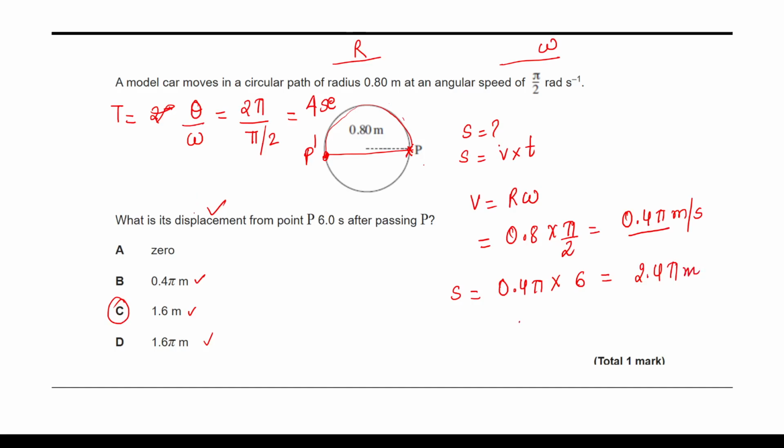But they're asking for displacement, so you need to know where the particle is. For that, I calculated the time it takes to complete the whole circle, which is 4 seconds. In 4 seconds, it comes back to P. Another 2 seconds goes opposite to P. Displacement is the shortest distance between start and end, 1.6. That's it.